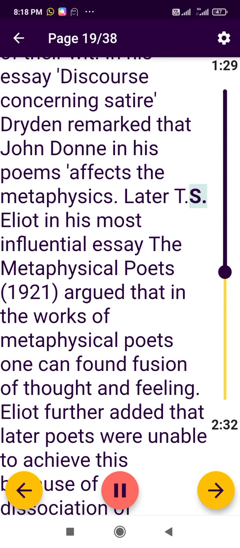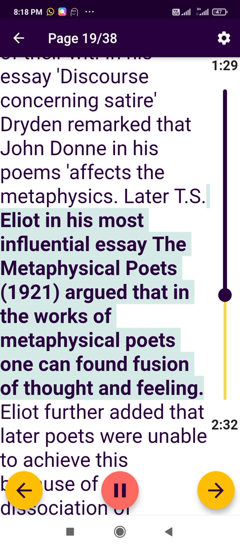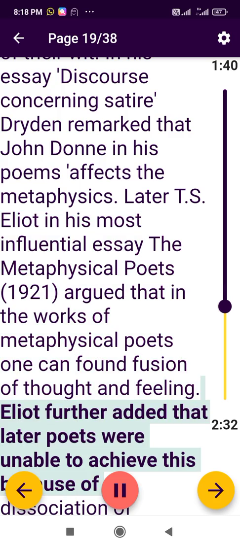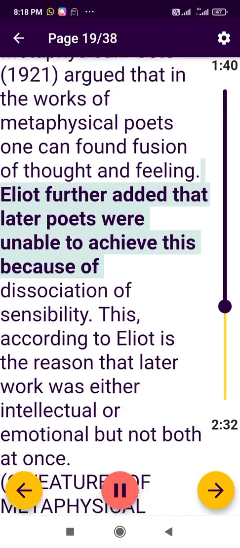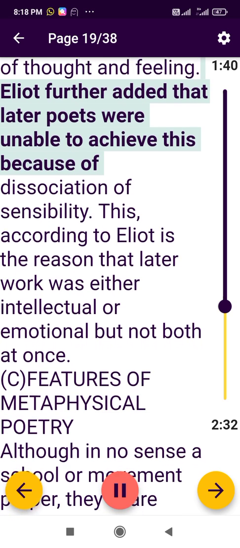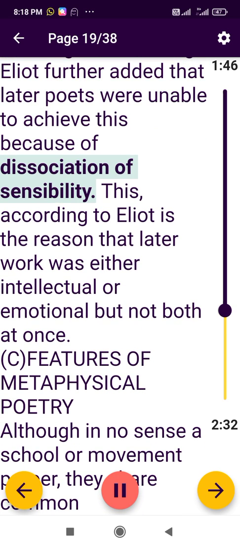Later T.S. Eliot in his most influential essay The Metaphysical Poets, 1921, argued that in the works of metaphysical poets one can find a fusion of thought and feeling. Eliot further added that later poets were unable to achieve this because of dissociation of sensibility.